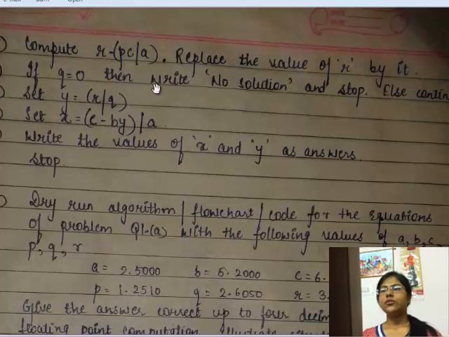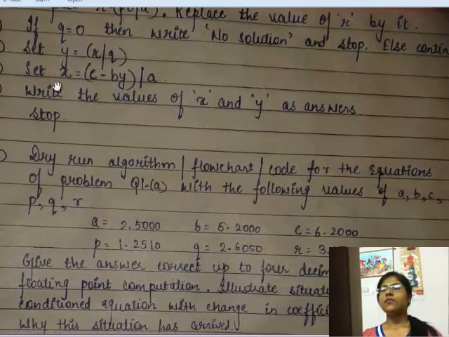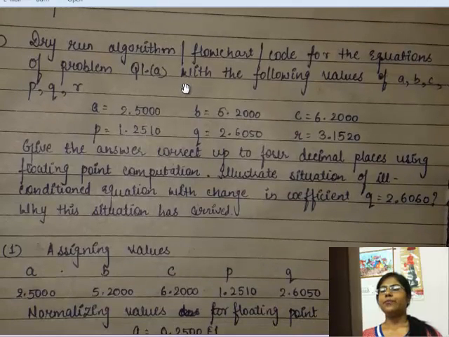If q equals 0, then write no solution, because if q becomes 0 here, then the value of y will tend to infinity, and therefore we stop. But if the value of q is not 0, then we continue with the algorithm and calculate the value of y as r by q, and then we find the value of x as (c minus by) upon a. Then we write the values of x and y as answers and stop.